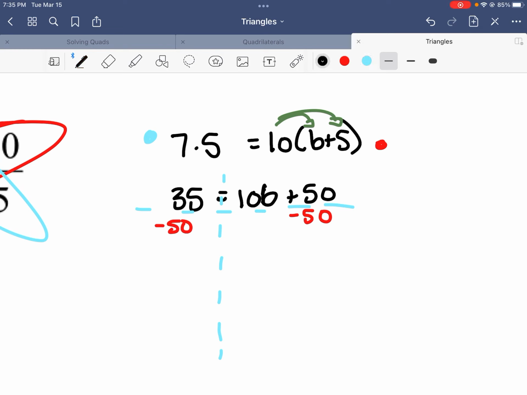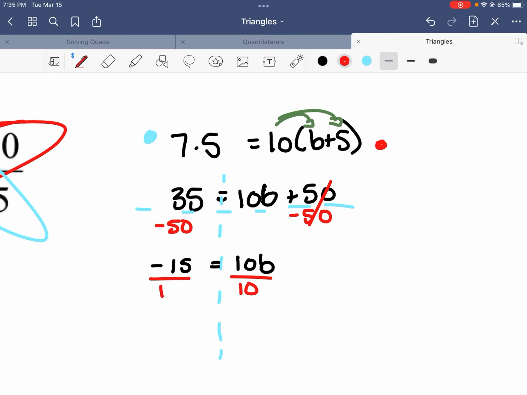So I have 35 minus 50 on one side. That gives me negative 15 equals 10b, because it's left over. And then my 50s cancel out because 50 minus 50 is 0. Last step, I have to get rid of my 10. It is multiplying with b. So to do the opposite, I have to divide by 10 because I want to get b by itself.